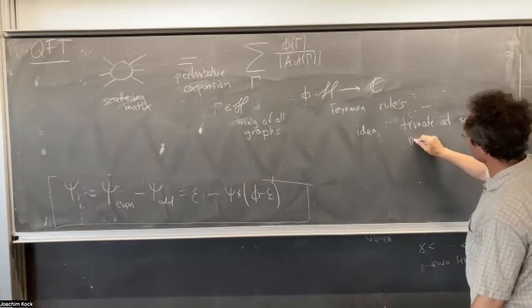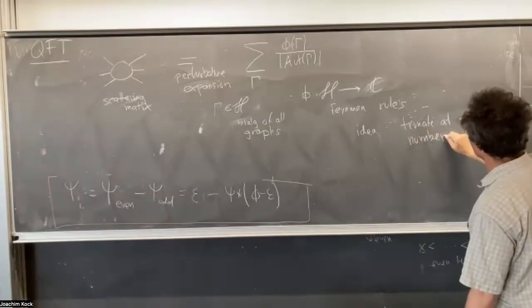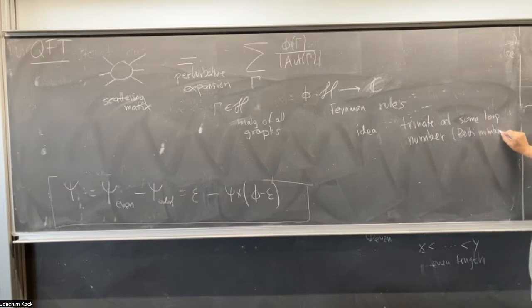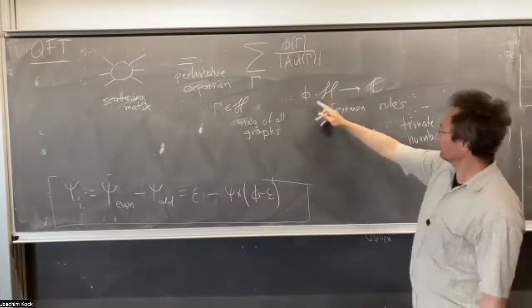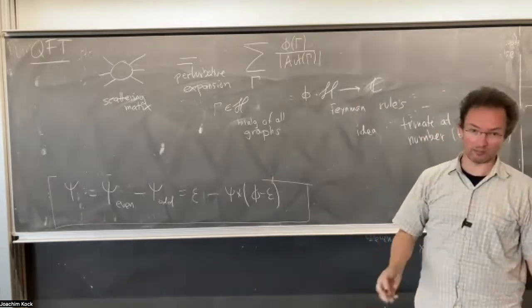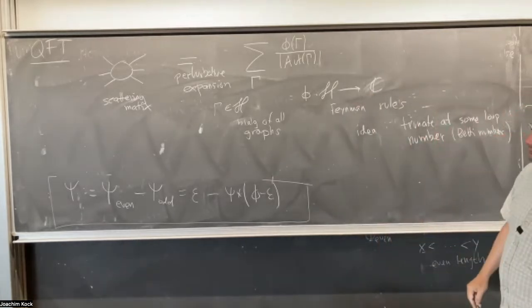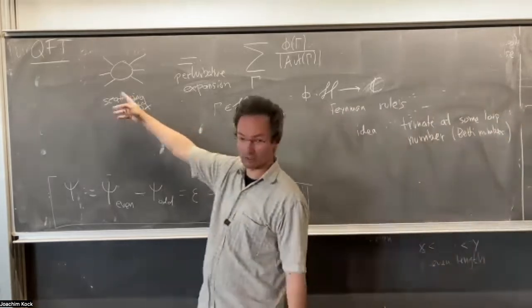Loop number is what physicists call the Betti number. So you truncate at 7 loops, and then you calculate all the Feynman amplitudes, and you sum it all up, and you get something that should be the total amplitude.